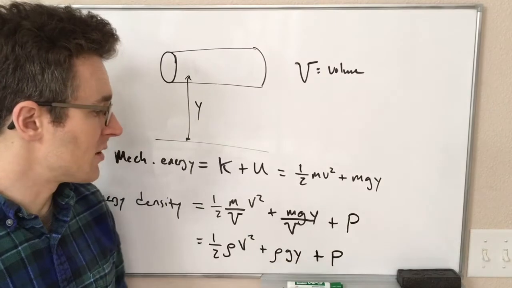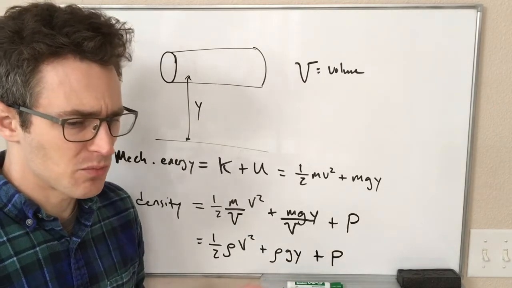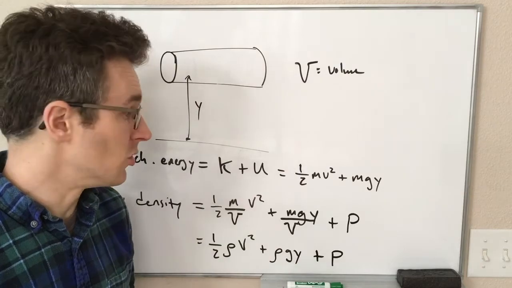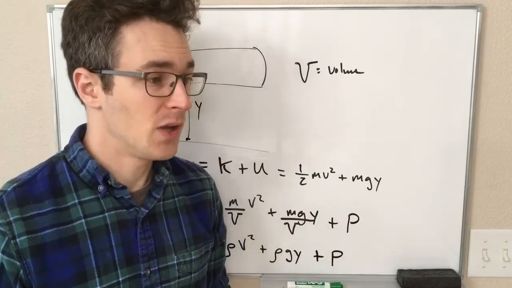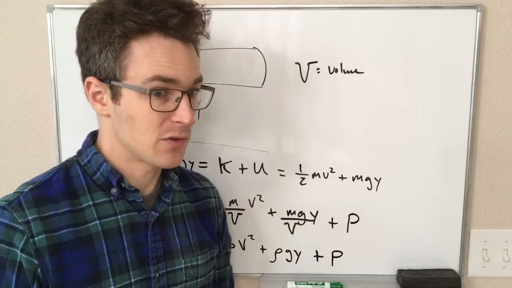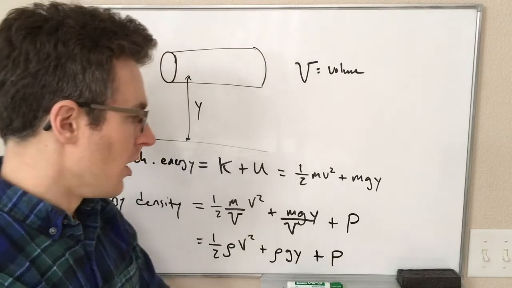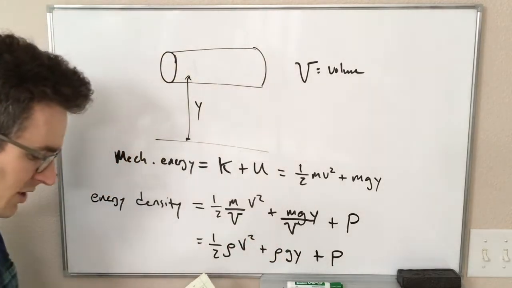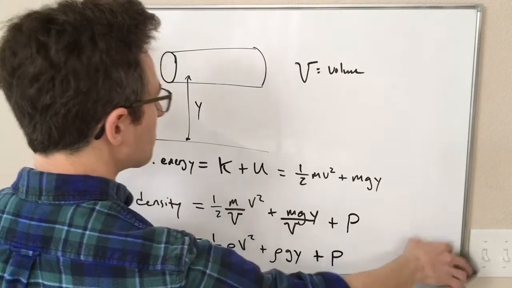So really the pressure here is, in addition to kinetic and potential energy, if our system is at some pressure, it has an ability to do work on something else, to exert a force on it, and transfer some of that energy to it as it pushes on it. So our pressure is another form of energy density. Like I said, we're not going to worry about why that is or where it comes from, but that needs to be included here.